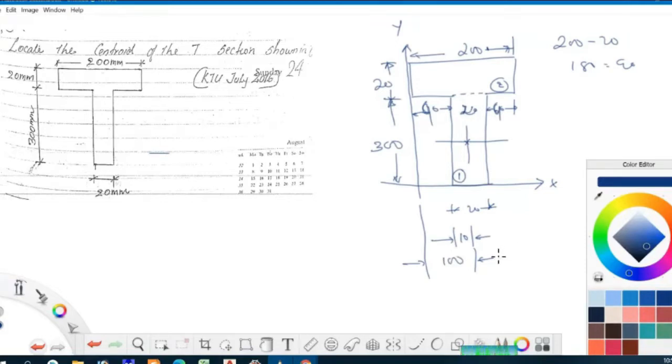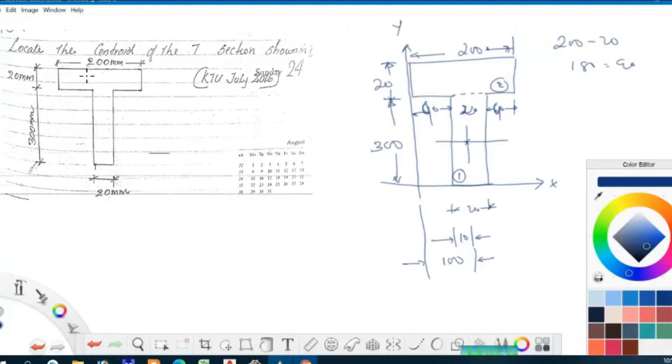And what about x2? That also will be 100 because it will be 200 by 2. So if a section is symmetrical about any one of the axes, then it is easy.